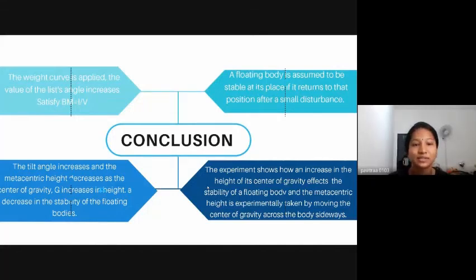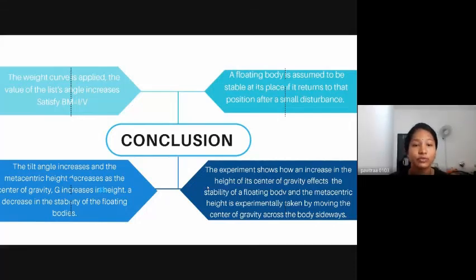The experiment shows how an increase in height of the center of gravity affects the stability of a floating body, and the metacentric height is experimentally determined by moving the center of gravity across the body sideways. We carried out this experiment to determine the metacentric height by varying the metacentric height with angle of tilt. In this experiment, we use different heights to measure the stability of floating bodies in stable and unstable equilibrium states.